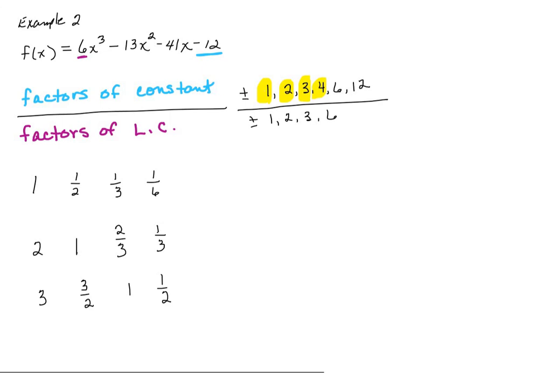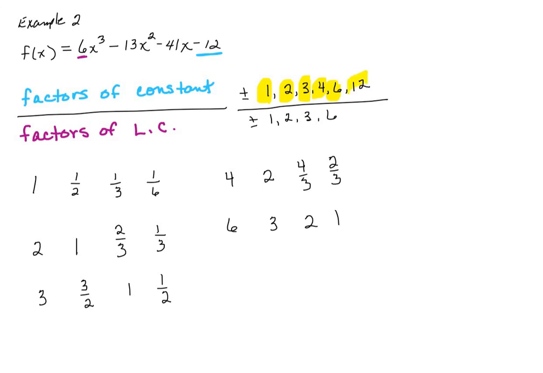So I have 4 over 1, which is 4. And I have 4 over 2, which is 2. I have 4/3. And then I have 4 over 6, which simplifies to 2/3. Then we move on to the 6. 6 over 1 is 6. 6 divided by 2 is 3. 6 divided by 3 is 2. And 6 divided by 6 is 1.